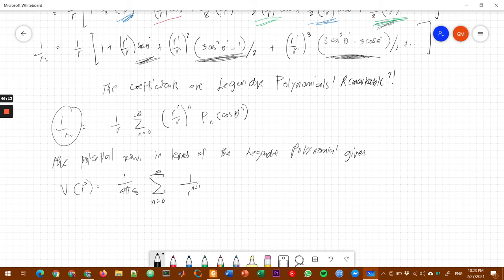So, pwede ta malibo ato i-recall. Ang V na to is kani ang formula, right?